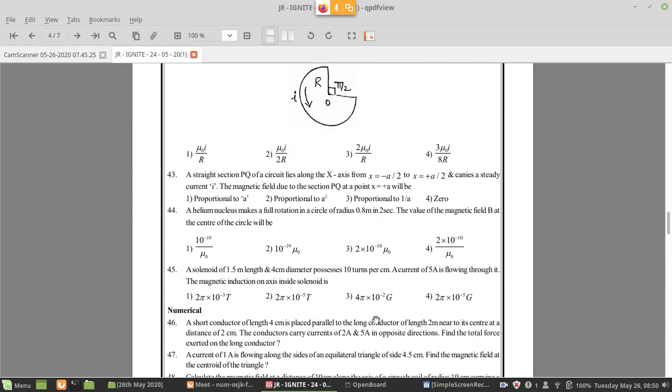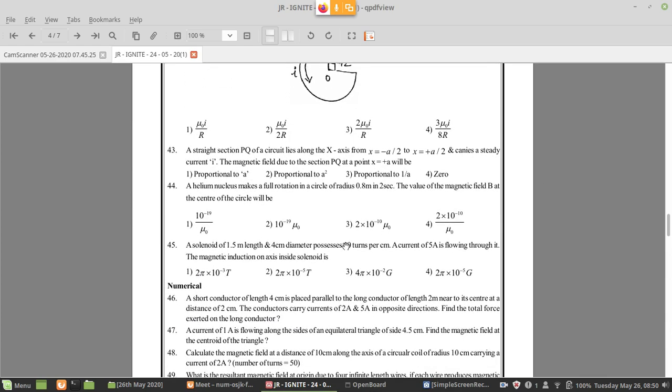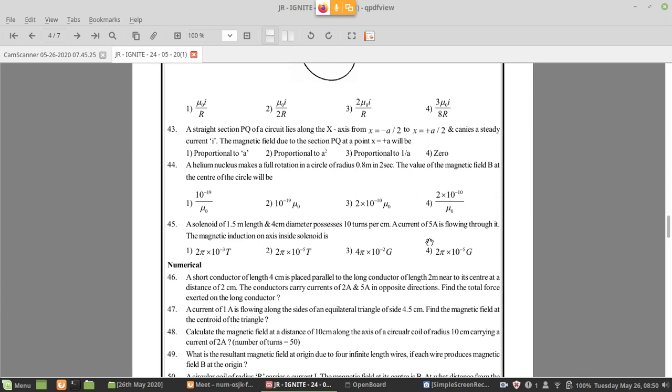Right. 43rd question. A straight section PQ of a circuit lies along the x-axis from minus A by 2 to plus A by 2 and carries a steady current I. The magnetic field due to the section PQ at a point x equal to plus A will be how much?